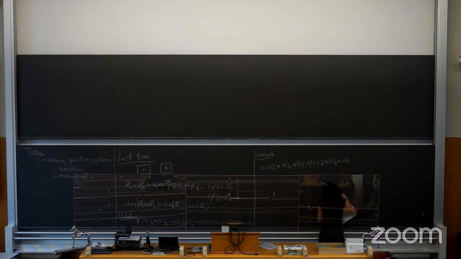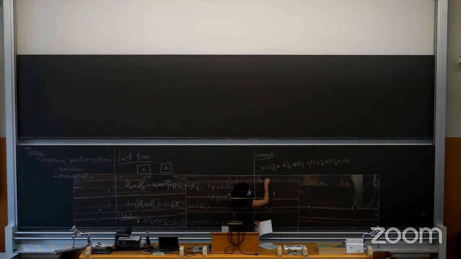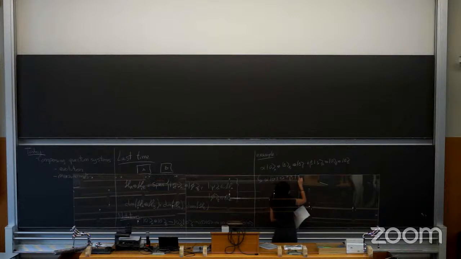So one can abbreviate this, and if you see it, it's just so you know what this is. Often you'll see this abbreviated to just alpha 0, 1, 1 plus beta 1, 0, 0.